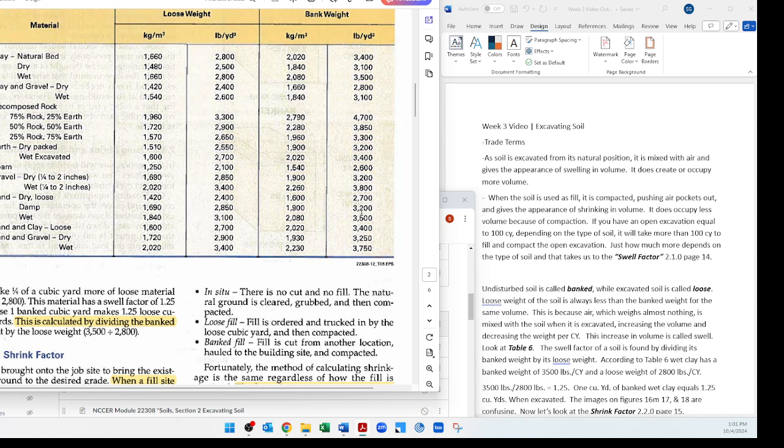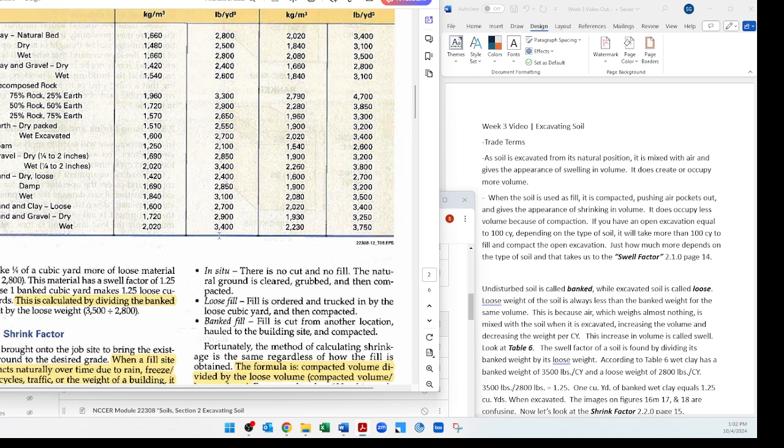So 3,200 divided by, where's my damp sand? 2,850 right here. 3,200 divided by 2,850 equals 1.12. So we're going to be dealing with a soil that has a swell factor of 1.12. It's 12% more once you dig it out of the hole.